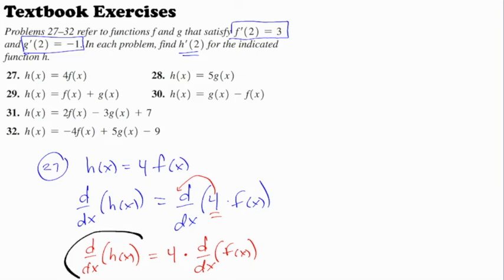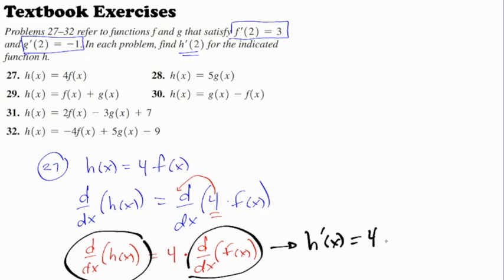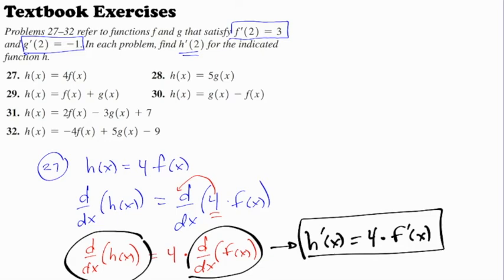And I can replace this d dx of h of x and just call it h prime of x equals 4, and I can replace this d dx of f of x with f prime of x. So we didn't really have to do all of this work, just applying the properties exactly the way they were presented to us, but we can then start to just go right to this part of the answer.